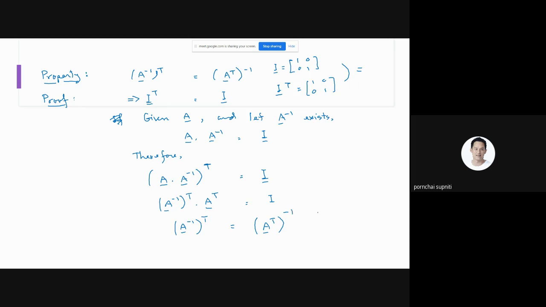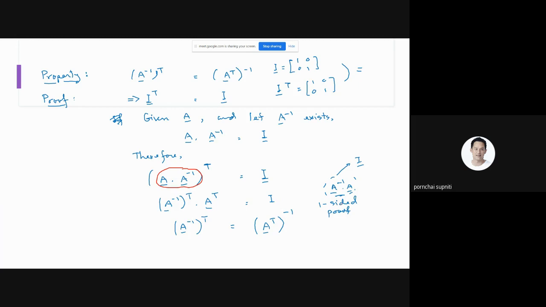So this is only a one-sided proof. You can do a similar proof, but you put A inverse multiplied with A instead, on the other side.